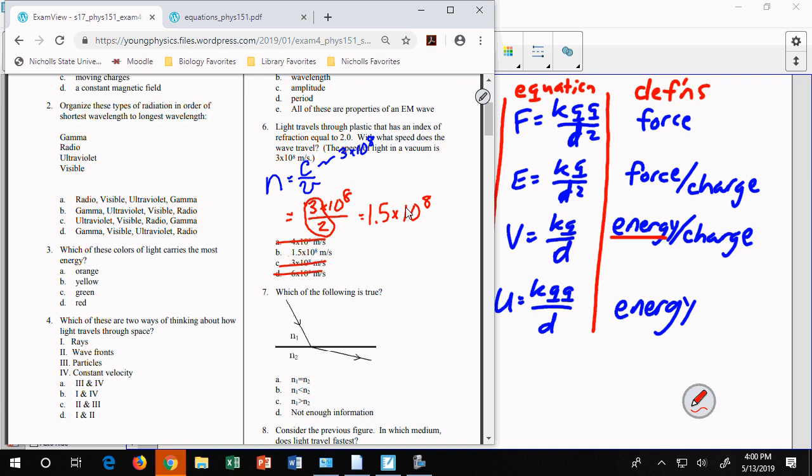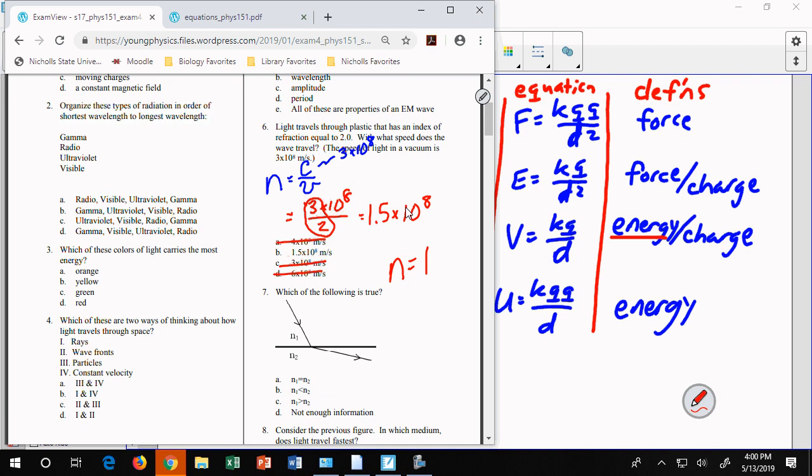It will never travel faster than that 3 times 10 to the 8th. And I'll never give you a scenario. In a vacuum, yeah, it travels faster. Or not faster, but the fastest. Right, if it's in a vacuum, it's going to travel that, because in a vacuum, n is equal to 1.